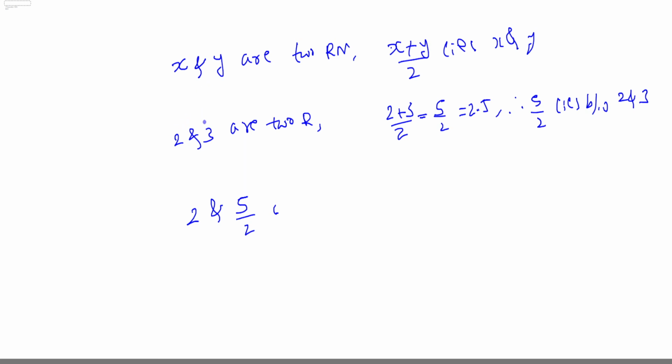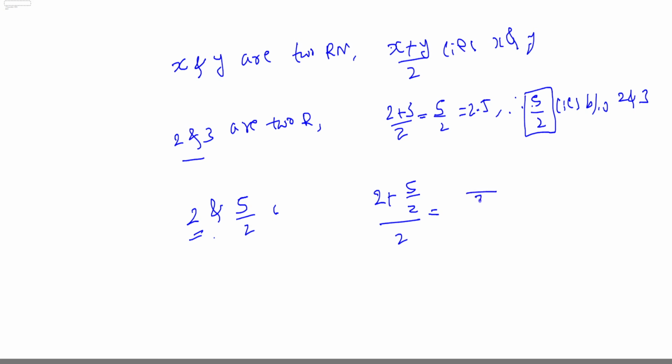If I want to find one more number, okay, I found one number, that is 5 by 2. Again, I want to find rational numbers between 2 and 3. Again, I will take this 5 by 2 and 2. This becomes 2 plus 5 by 2 divided by 2.